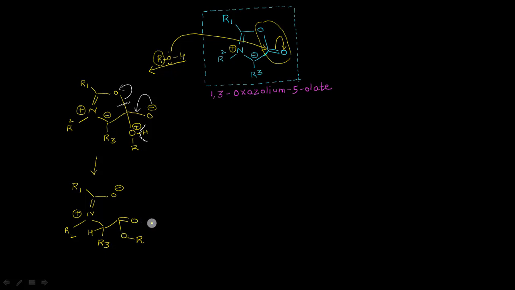After that, this O negative will take the H positive ion from the solvent, and in this case it is the molecule of alcohol, that is ROH. These are also weakly acidic in nature. So it will give its H positive ion that will be taken up by this oxygen negative.